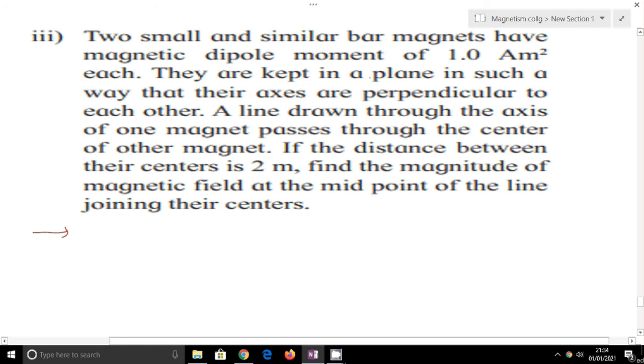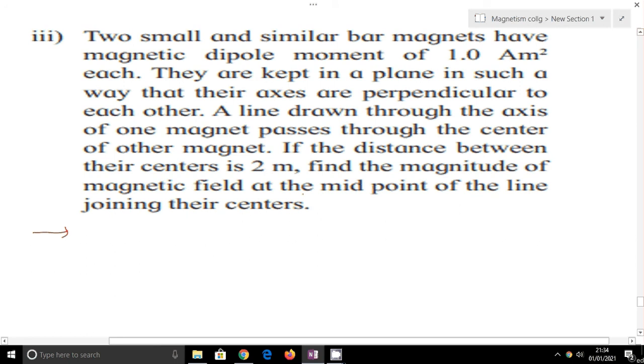They are kept in a plane in such a way that their axes are perpendicular to each other. A line drawn through the axis of one magnet passes through the center of the other magnet. If the distance between their centers is 2 meter, find the magnitude of magnetic field at the midpoint of the line joining their centers. So see, this is the example given here.